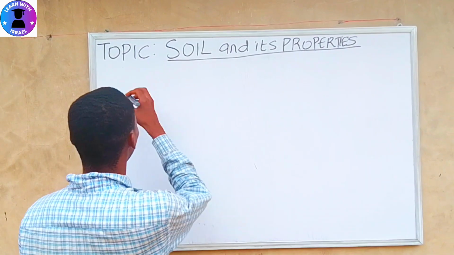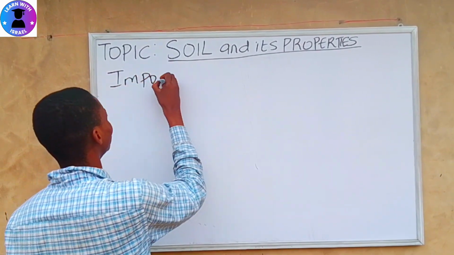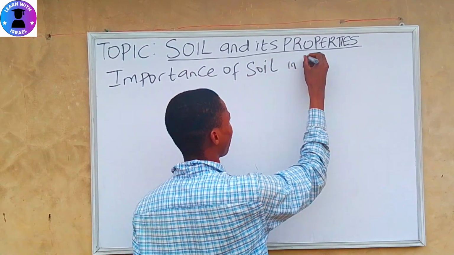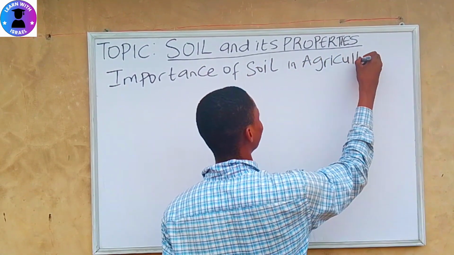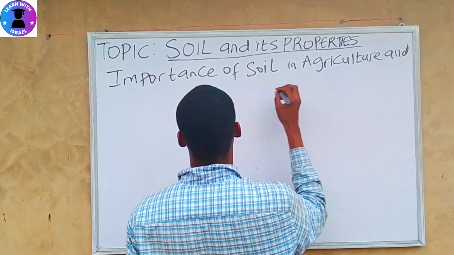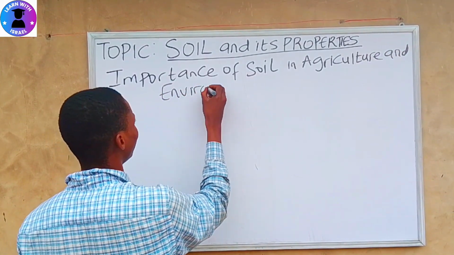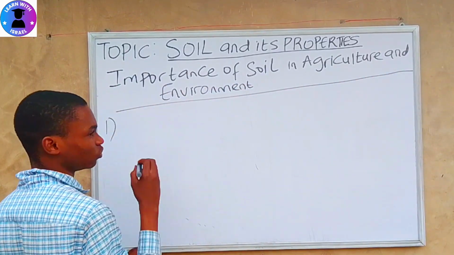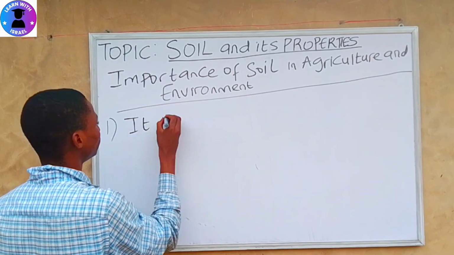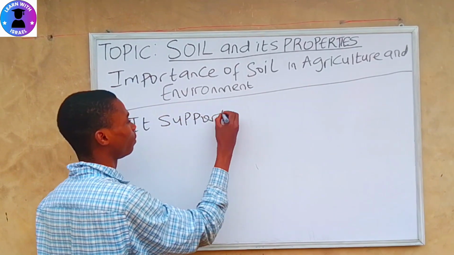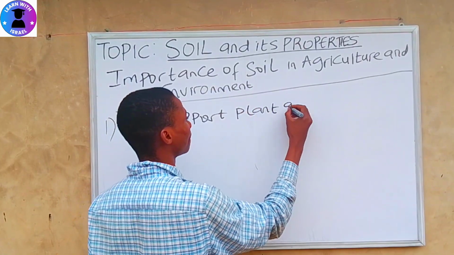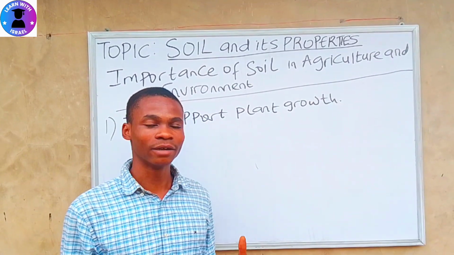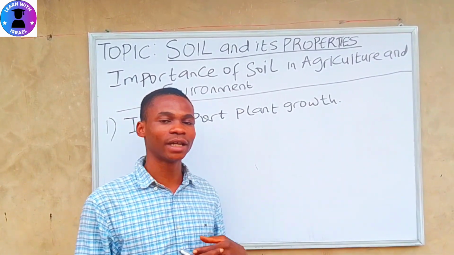So now the first importance we'll be looking at is it supports plant growth. Soil supports plant growth. Soil also serves as the support system for plants.